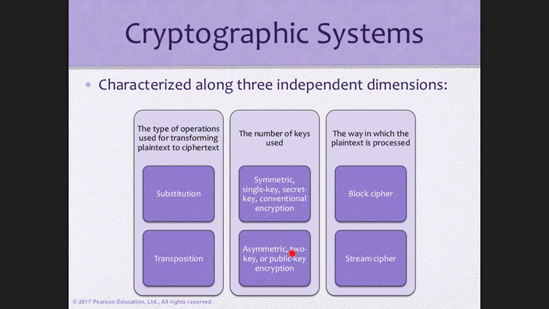For an asymmetric key system, there are two keys, one used by the sender, one used by the receiver, right? The one used by the sender is typically called the public key. The one used by the receiver is the private key, right? So again, one is kept secret, one everyone knows about, okay?